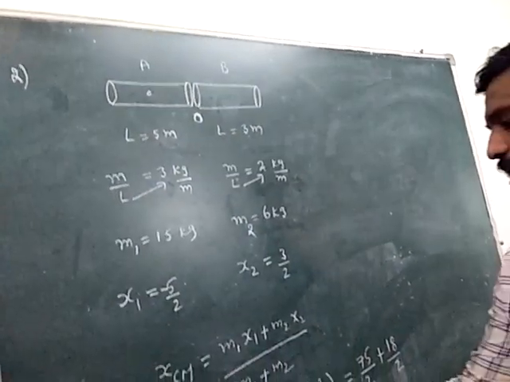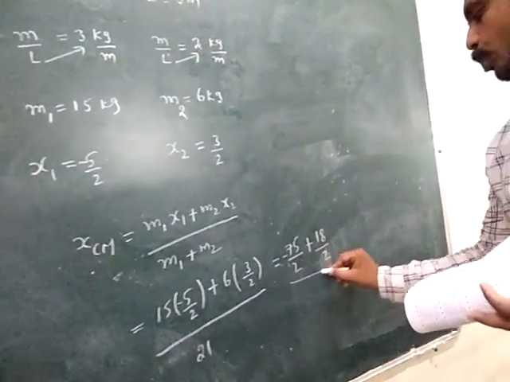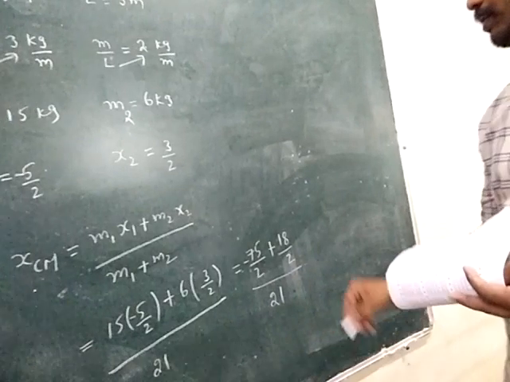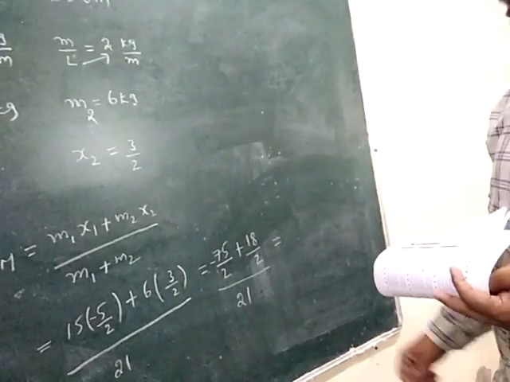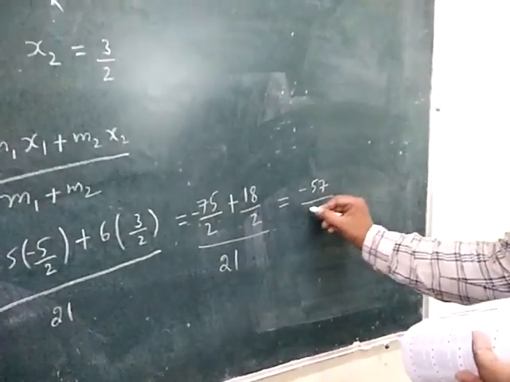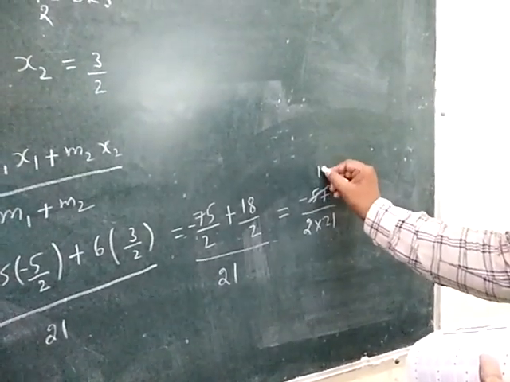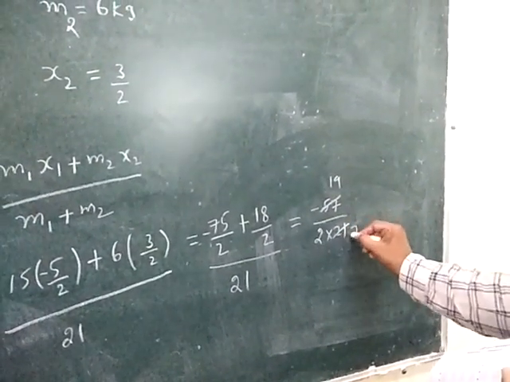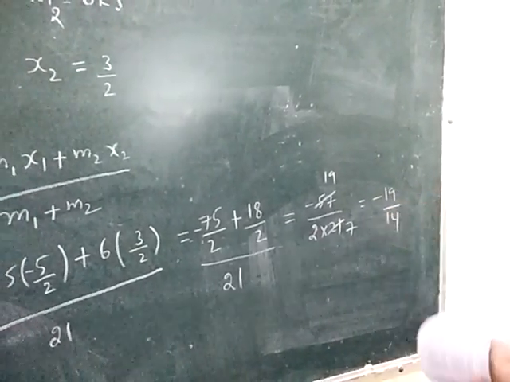So here we write minus the whole by 21. Neatly written, minus 75 plus 18 gives minus 57 by 2 into 21. 3 19s, 3 7s, neatly written as minus 19 by 14.